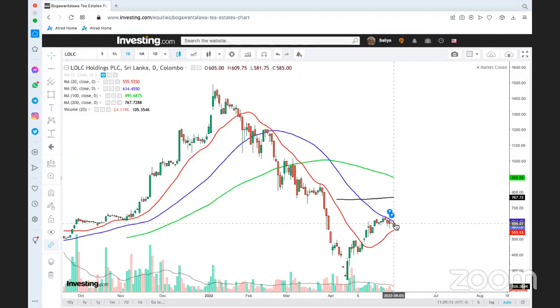We have to give it time for the uptrend to form and move to the next stage. We have to basically give time for the prices to break above the 200 and the 100-day moving average. LOFC is another one.